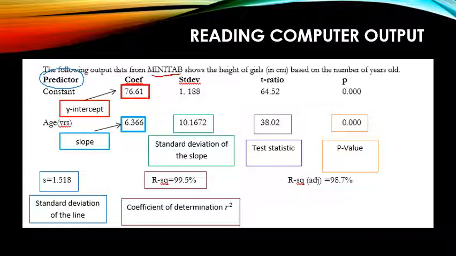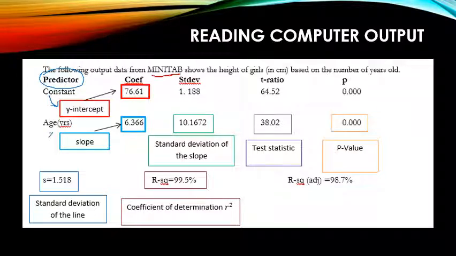The constant is your y-intercept. Back when we were talking about the least squares regression line, this is going to give you the value of the y-intercept. So the value of the y-intercept is 76.61. Then the next one, age, is where your slope comes from.